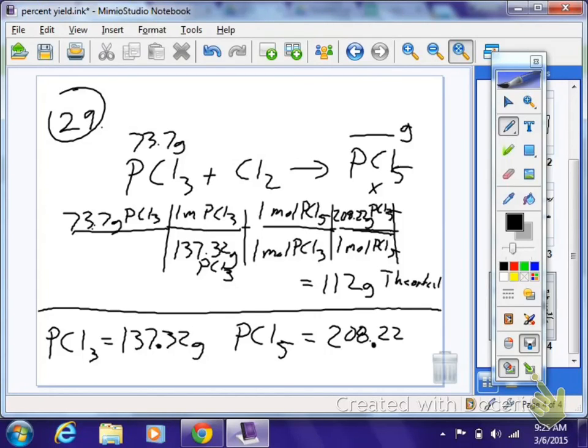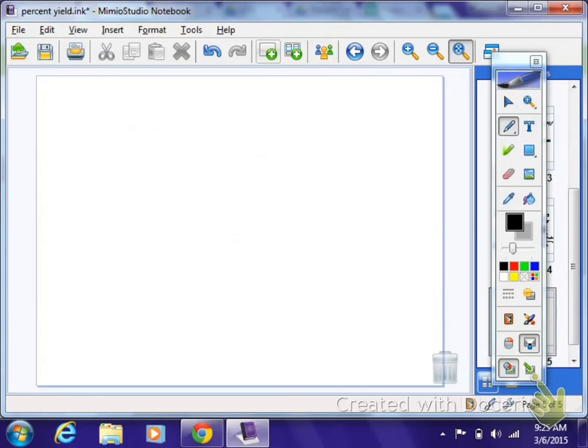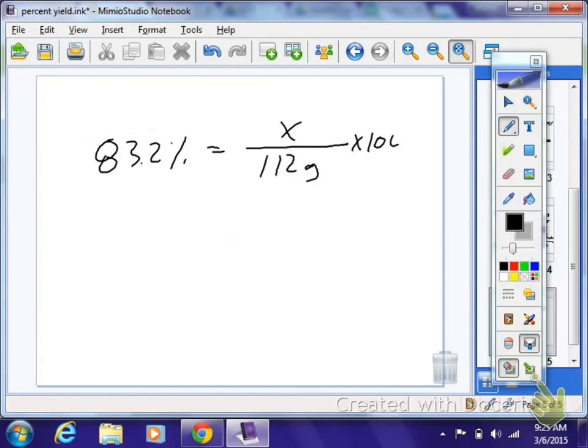All right? So we go back to our setup, which says the percentage that is 83.2% is equal to the actual over the theoretical. Now we know it, it's 112 times 100. So basically we'd have 0.832 equals x over 112.